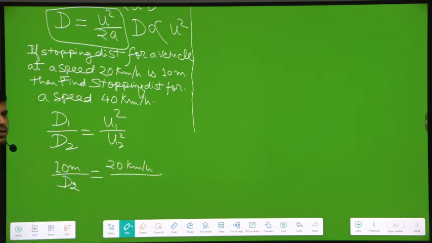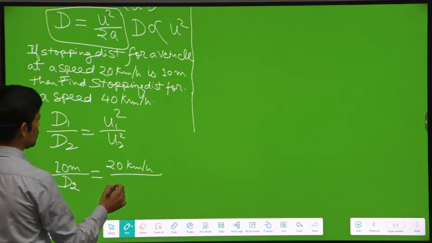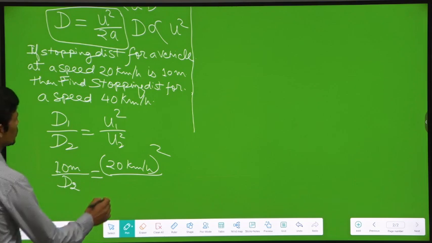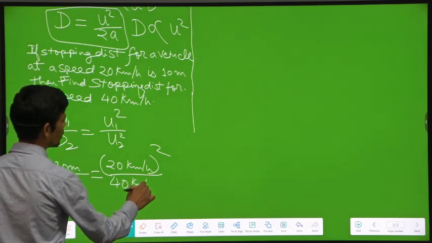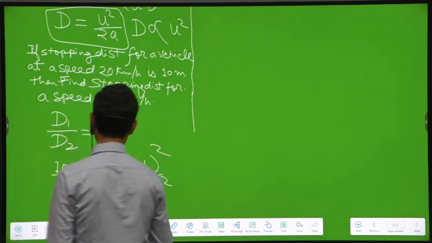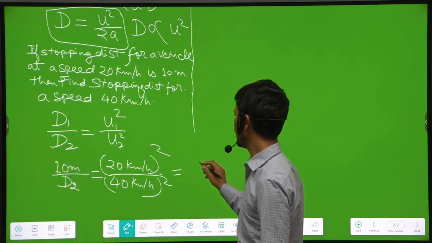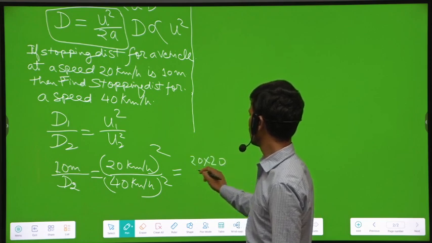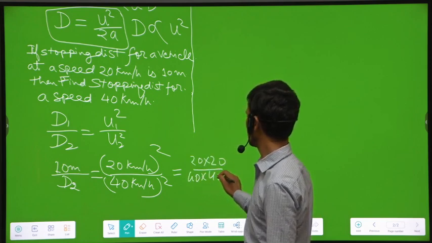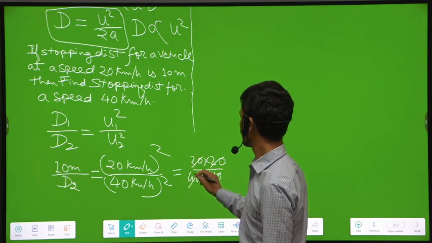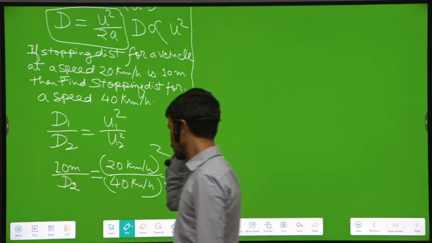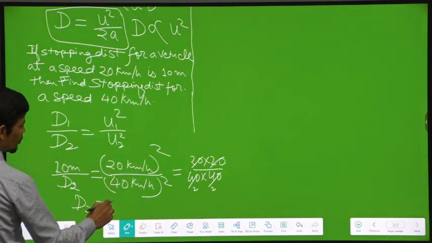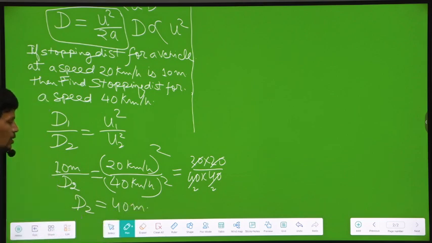I'm not changing it into meter per second because we are taking a ratio, so with 40 kilometer per hour the units will get cancelled. So it will be 20 multiplied by 20 divided by 40 multiplied by 40, that is 1 by 2, 1 by 2. So d2 will be 40 meter.